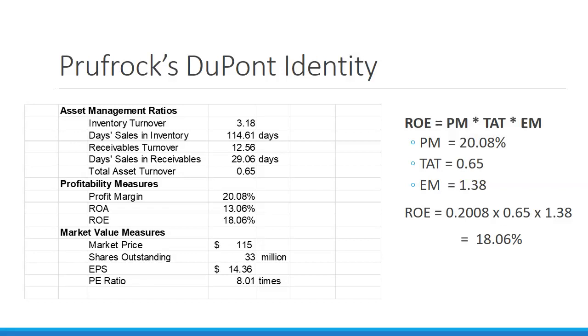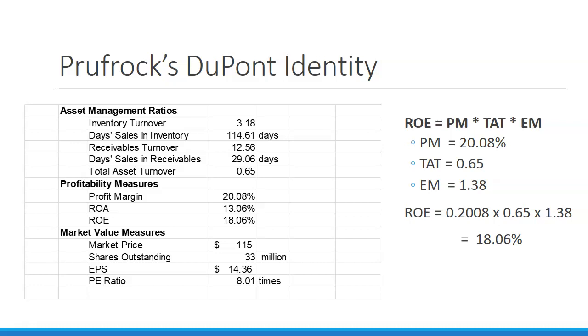We look at the DuPont identity of our company from the textbook, Prufrock, and if we take profit margin times the total asset turnover times our equity multiplier, we get a return on equity of 18.06%. That matches the return on equity that we get when we divide our net income by total equity.